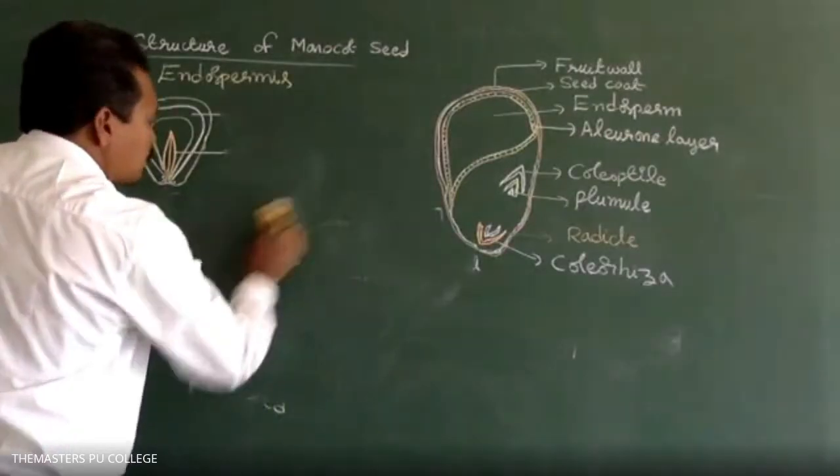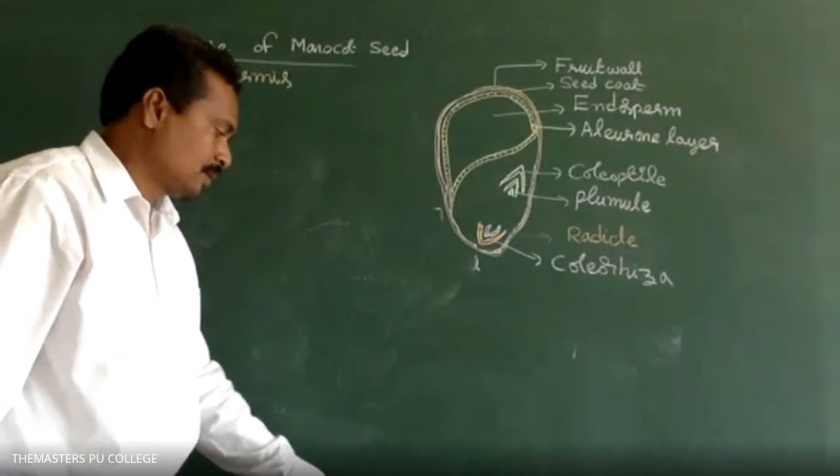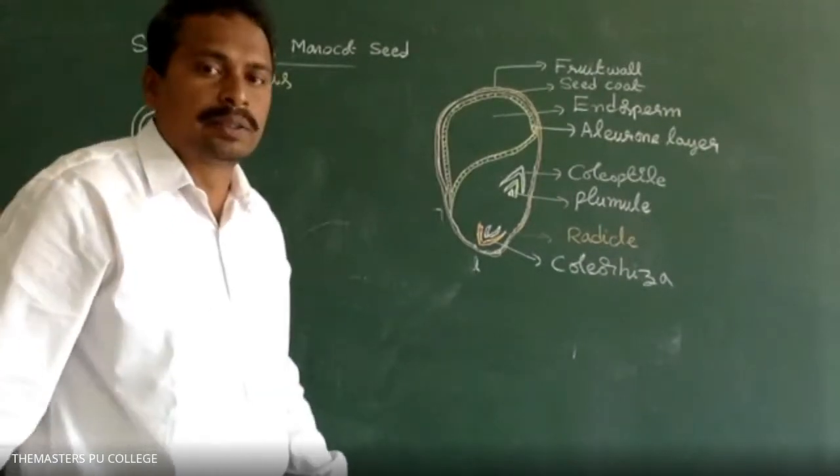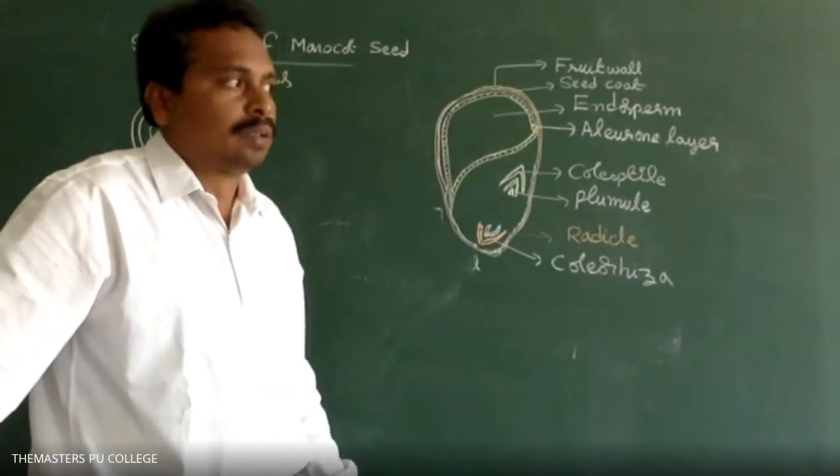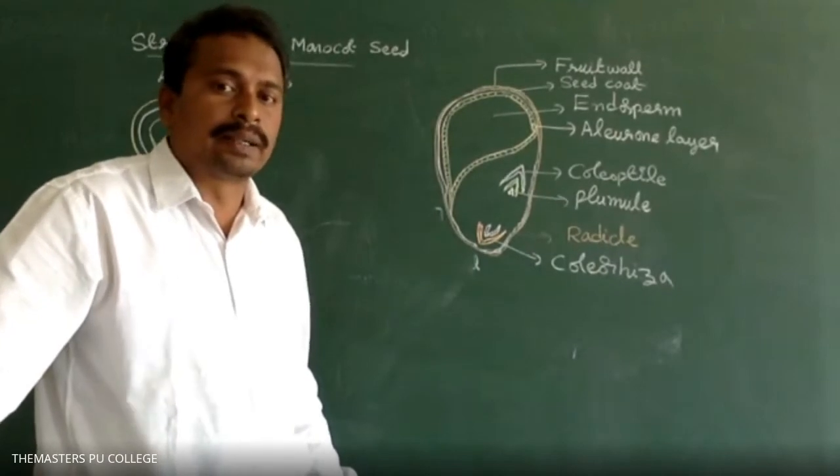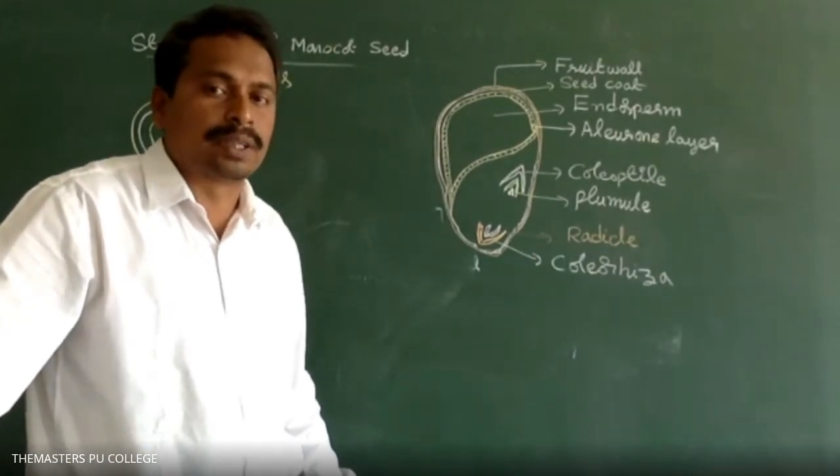Sir, is endosperm always solid? Endosperm may be in a liquid state. In the coconut fruit, initially the endosperm is in a liquid state, and later it is gradually converted into solid.